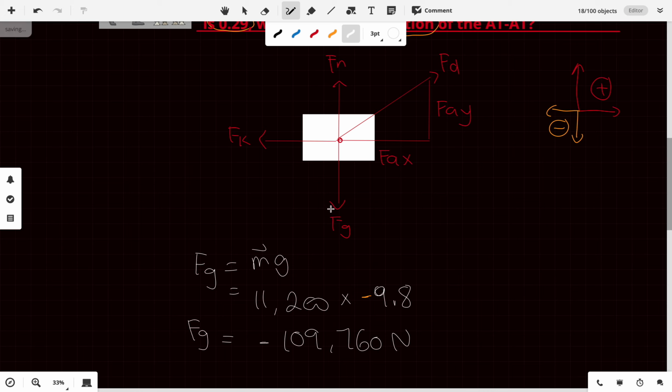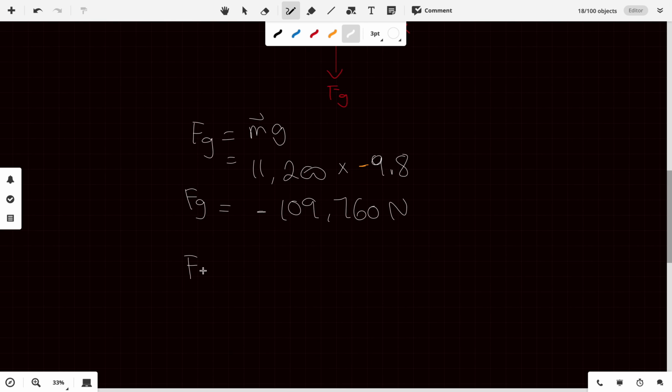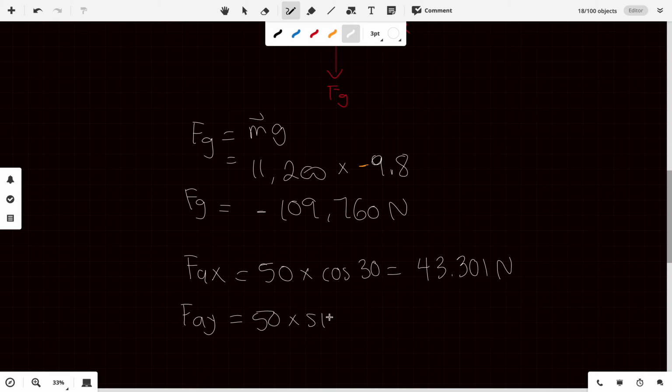Next, I'm going to look at the applied force on the y and the x. The force applied on the x is given by 50 times cos 30, and that is 43.301 newtons. The force applied on the y is 50 times sine 30, which is 25 newtons.